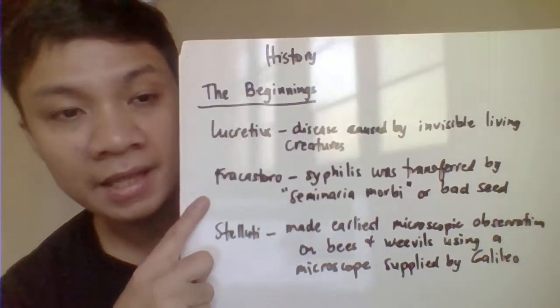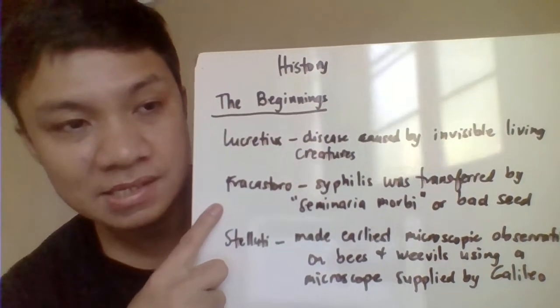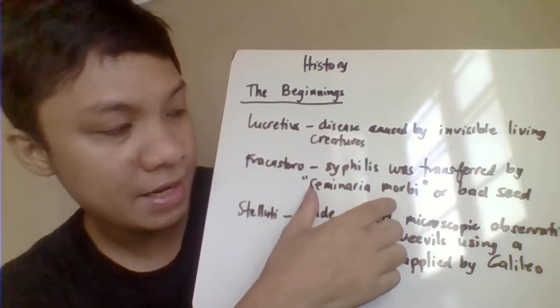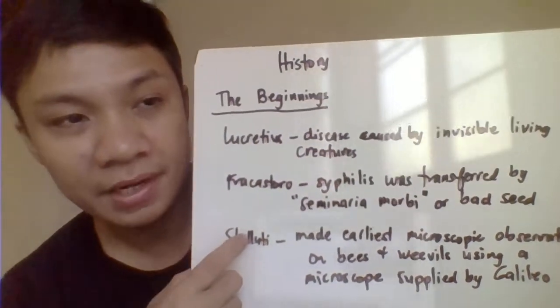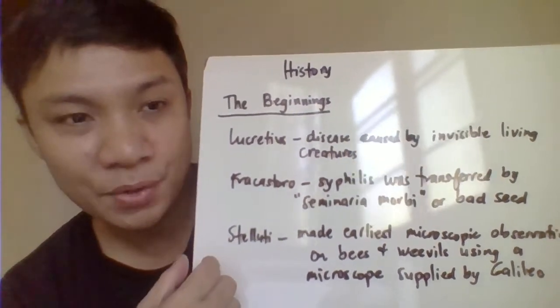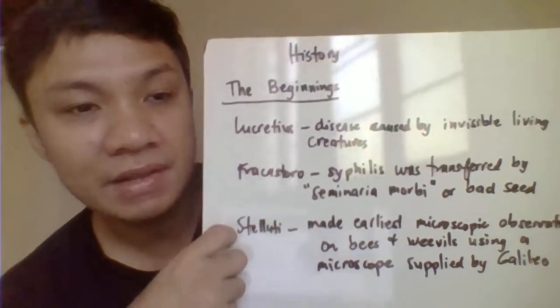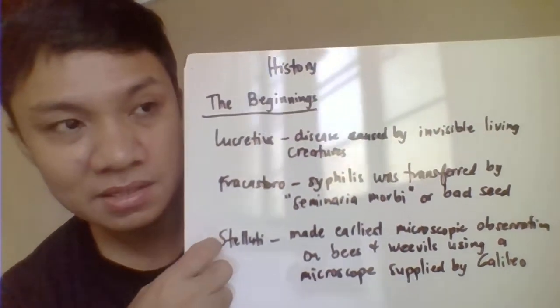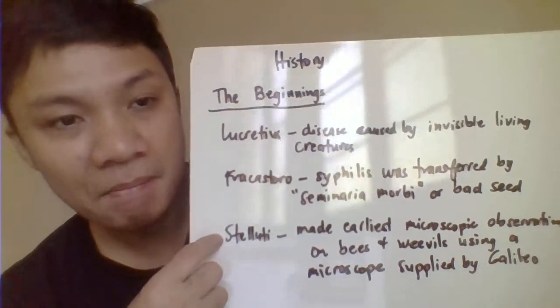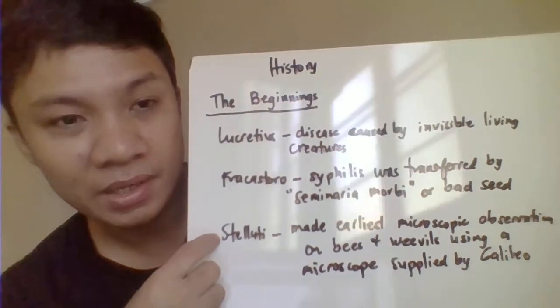Fracastoro, on the other hand, associated syphilis with transmission by Seminaria morbi, or what they once called the bad seed. Currently, syphilis is a sexually transmitted disease caused by the bacteria Treponema pallidum, a spirochete.